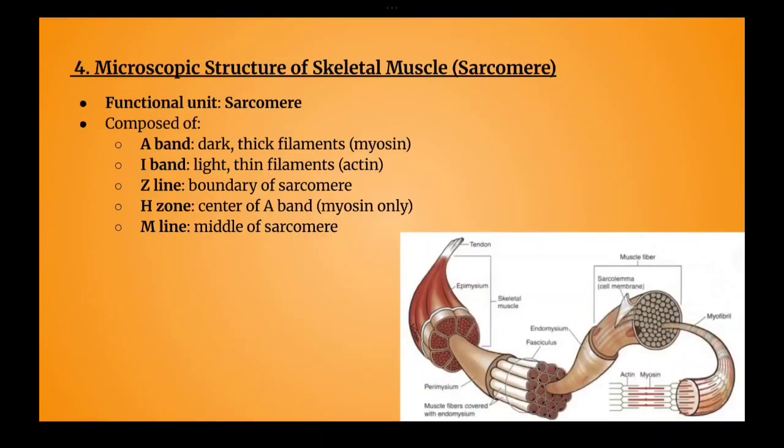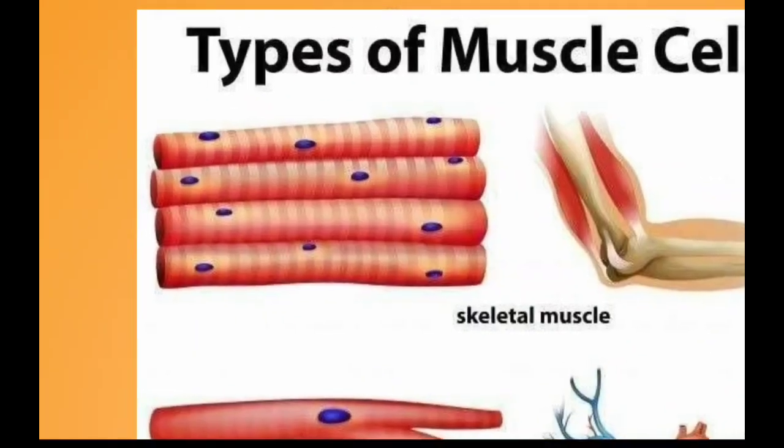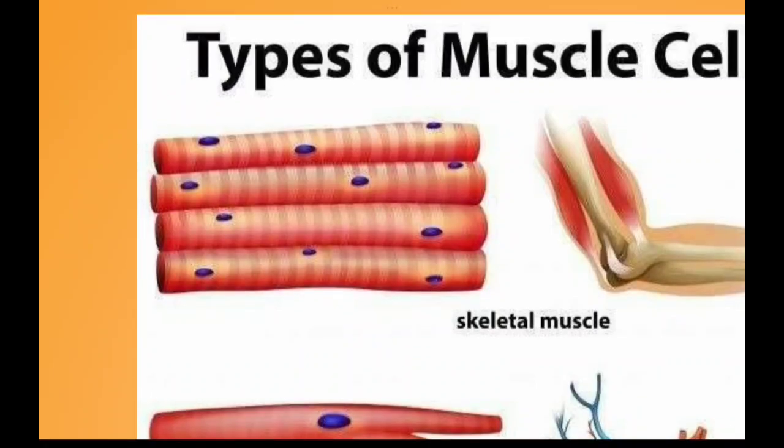Here you see there is a light and a dark region. Those strips that you see are the thick filaments and thin filaments, which consist of myosin and actin, along with tropomyosin and troponin, which are involved in muscle contraction.